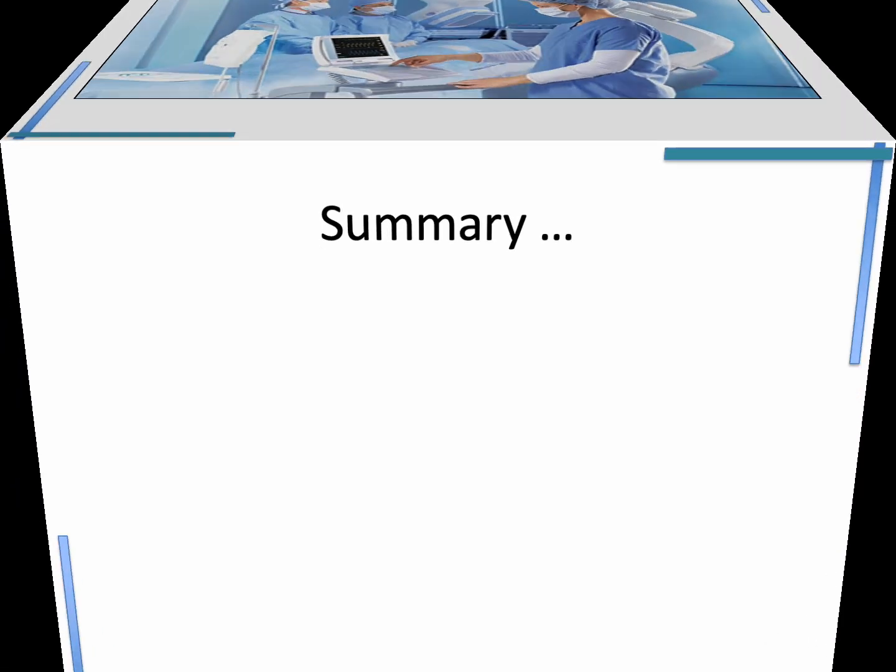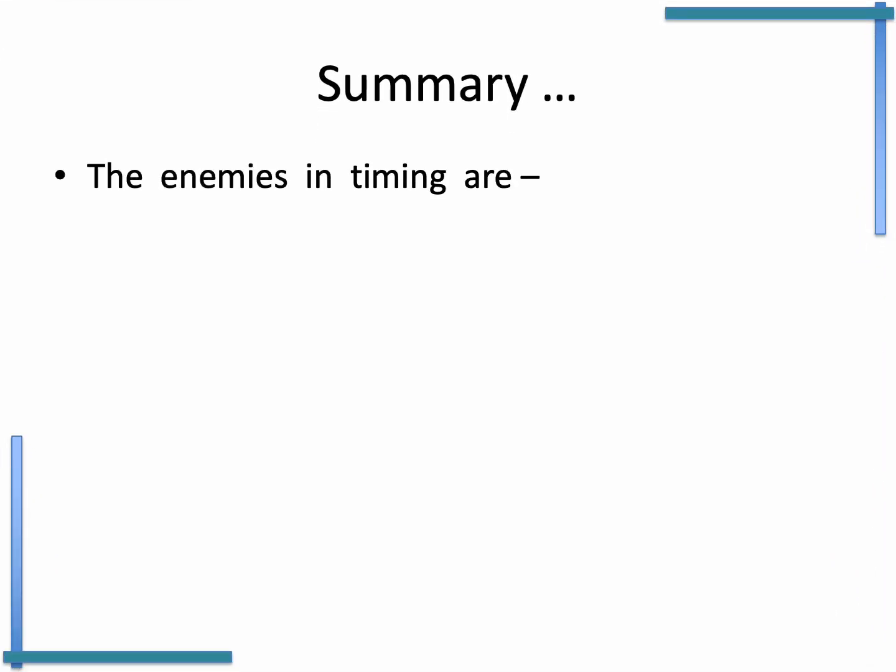So just in summary then, the enemies in timing, as it were, the two baddies to look out for, and again from an exam perspective, probably the ones we're most likely to show you: early inflation and late deflation, which actually hamper ventricular performance and hamper the augmentation of coronary perfusion.